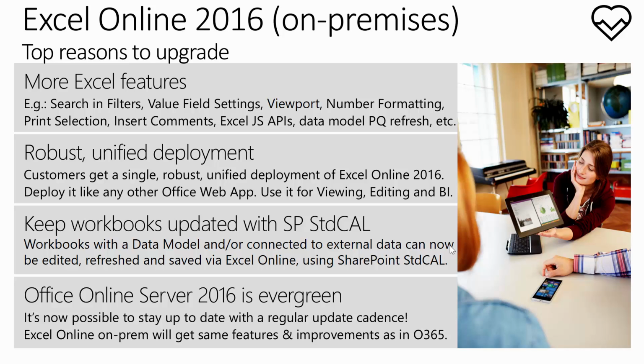Insert comments is there, perhaps one of the most awaited features. You can now review workbooks, which was one of the common scenarios for using Excel Web. People wanted to be able to review Excel-based reports and leave their comments, so now they're able to do that via Excel Web.